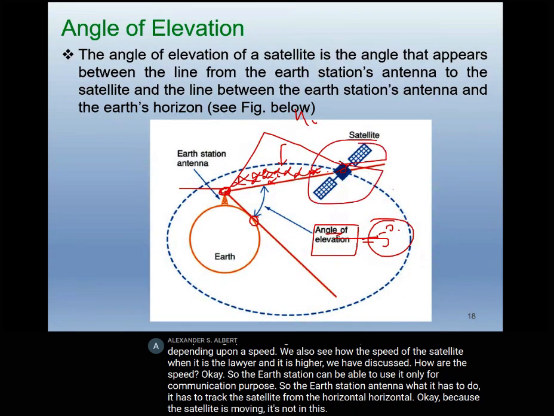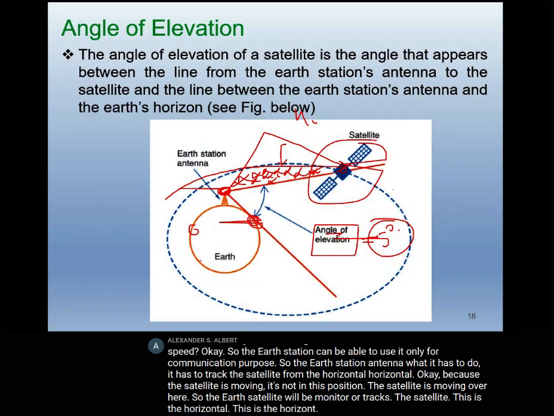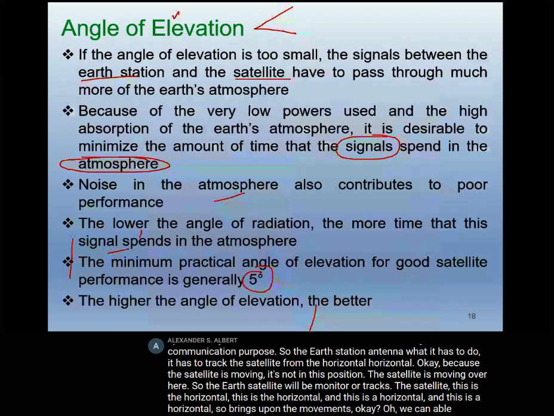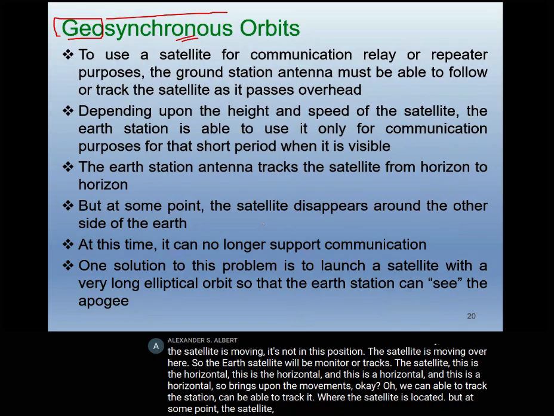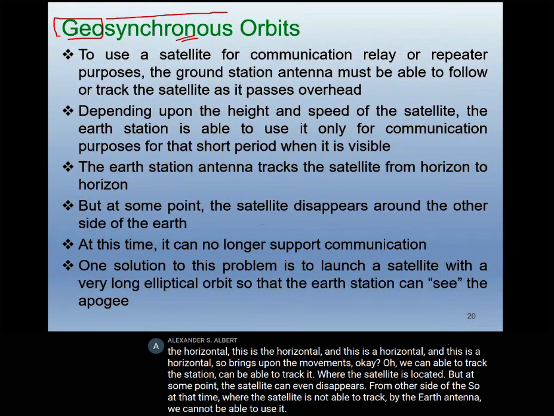So the Earth station monitors or tracks the satellite, based upon its movements, to know where it is located. But at some point the satellite can disappear on the other side of the Earth. At that time, when the satellite cannot be tracked by the Earth antenna, we cannot use it for communication.